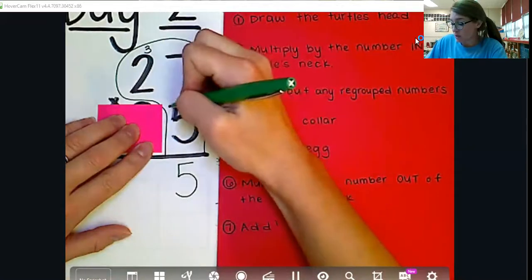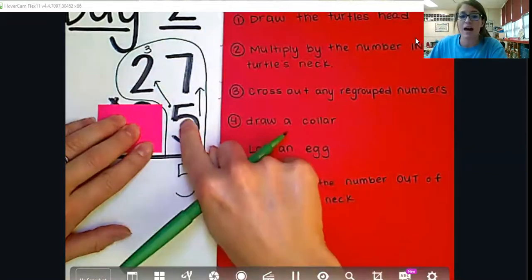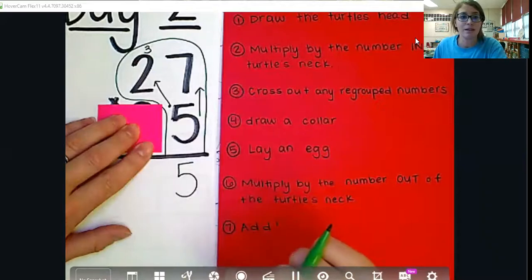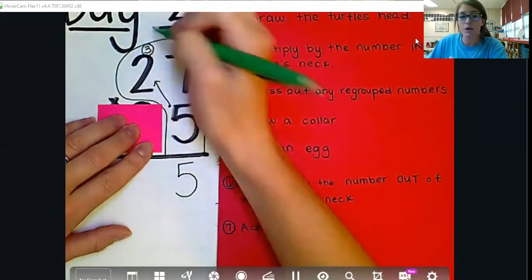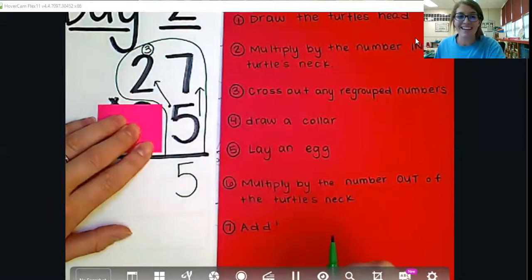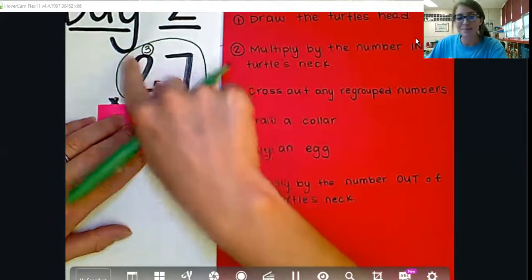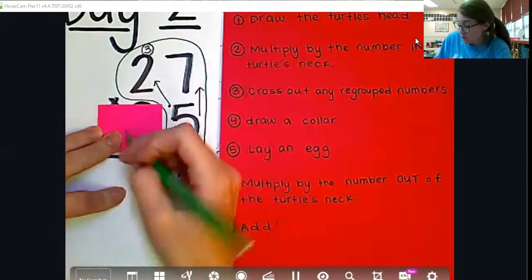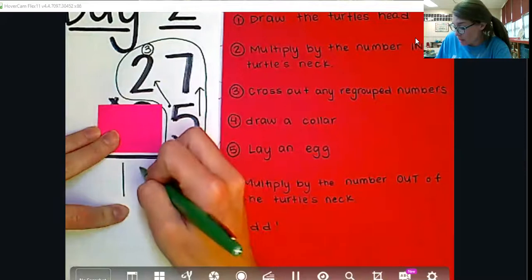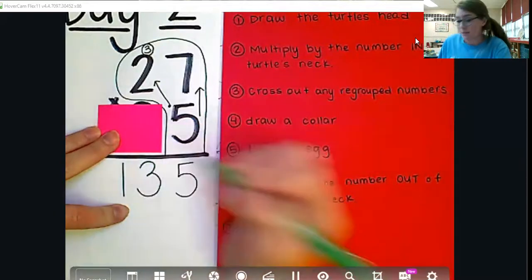Come back to this ones place, multiply by the tens. 5 times 2 is 10. Very good. Plus the number that we regrouped. Good, 13. 5 times 2 is 10, plus 3 is 13. There's nowhere else to regroup to, so I'm going to go ahead and bring down that 13 right here.